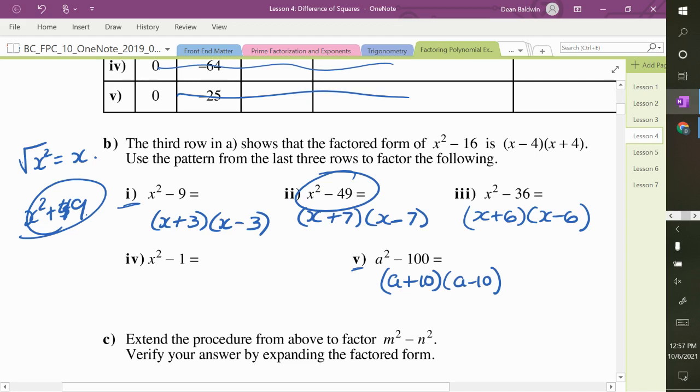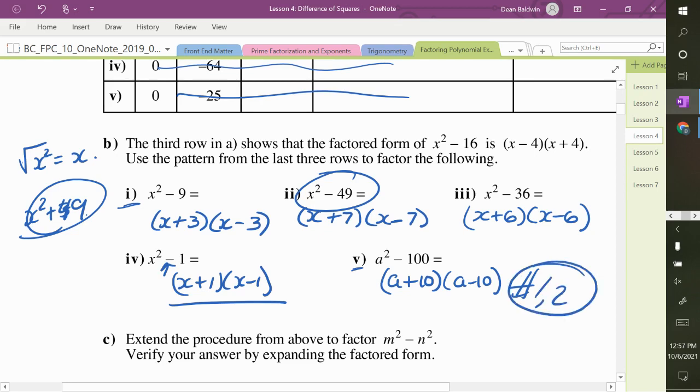And what about the next? x plus 1, x minus 1. That's difference of squares. That's it. That's all it is. Are there any questions? Has to be a subtraction sign, though. Okay?